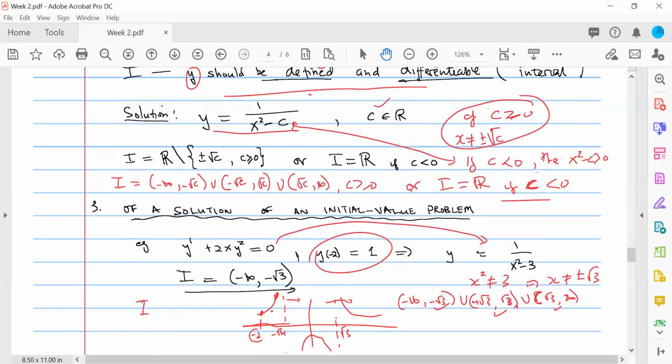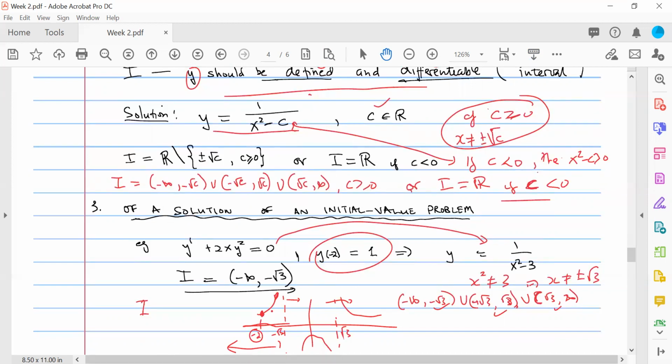So the specification of the initial condition will restrict us to the solution that is just in this region here, and nothing else. We can't talk of this one. We are only talking of this solution here.